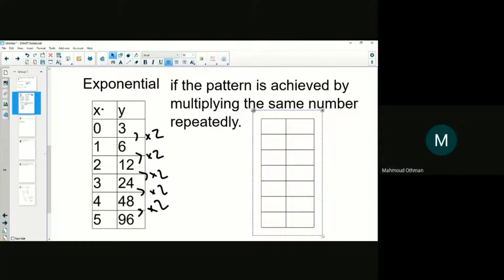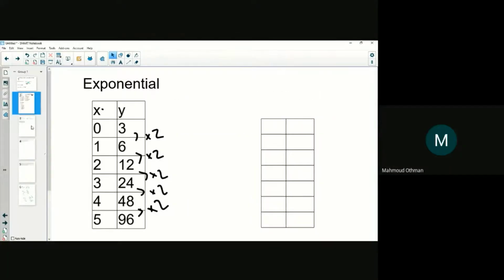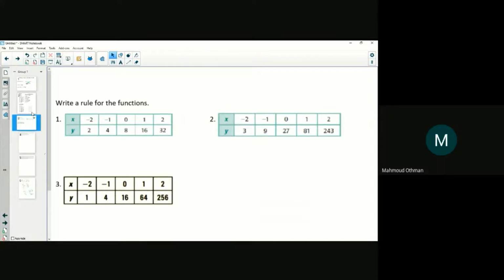And I'll do some more examples, and I'll do some examples of how to write the function. Next slide. Write a rule for the function.